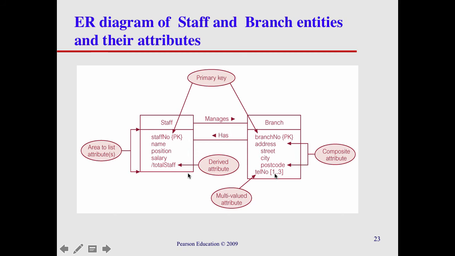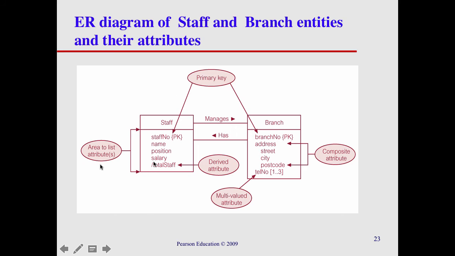For a multi-valued attribute, you list it and then in brackets you put the minimum and maximum number of values for that attribute. For dependents, it might actually be 0..*, meaning it can be 0 to as many as possible. A star indicates we don't have an upper limit on the maximum number.